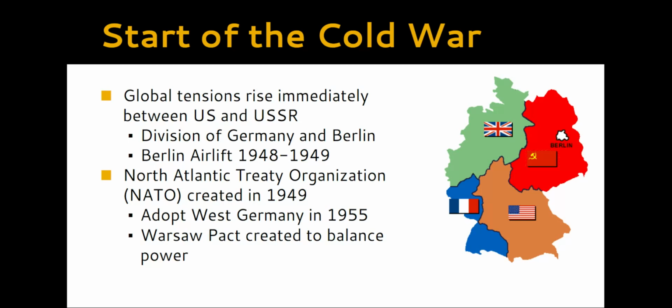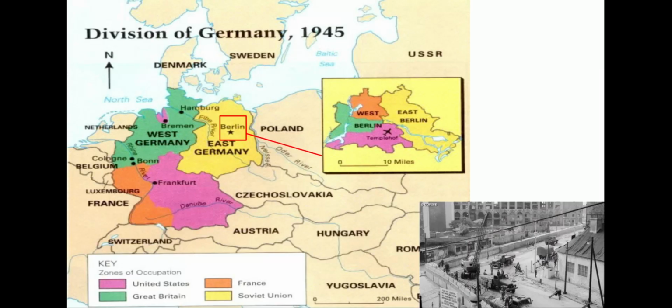The USSR sees a lot of their former allies kind of banding together, and they will create the Warsaw Pact in order to try to balance their power. We're creating alliances again. It never really ends well when we go ahead and do this. So here is how Germany is divided. You'll notice right here, we can see Berlin in the middle of East Germany now.